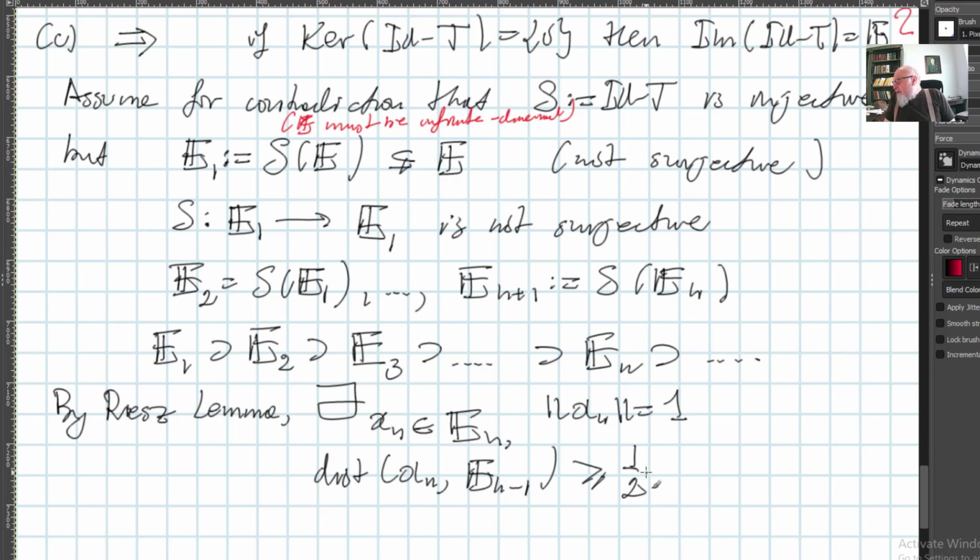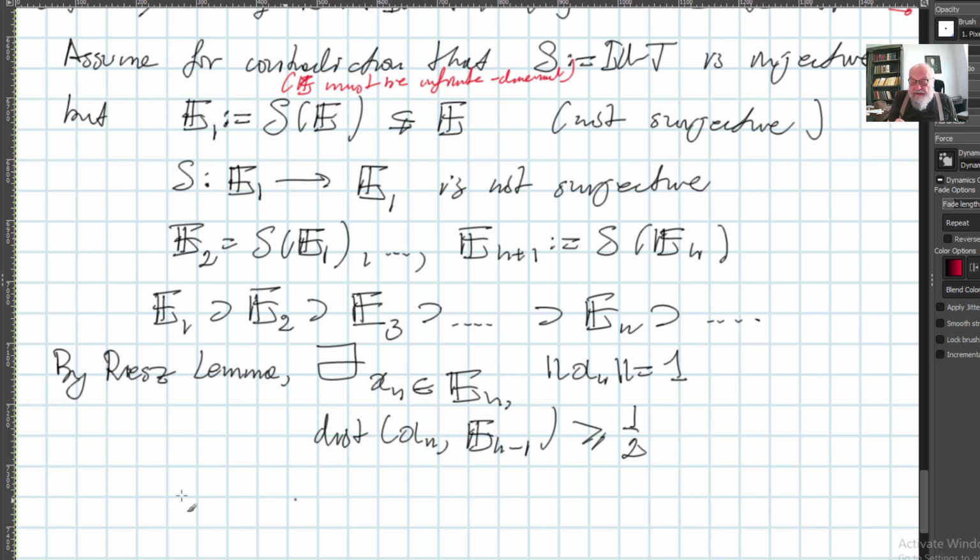Take epsilon 1/2. So what do I do? I say, then notice that if I take the norm of Txn minus Txm, and suppose m is not equal to n, for example m is larger than n, then what do I have here?